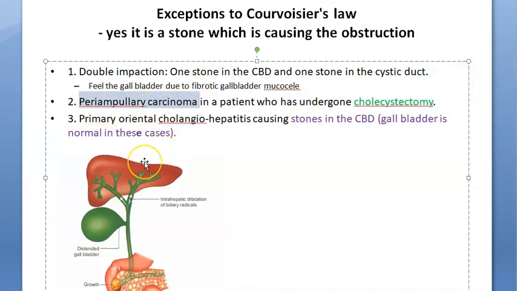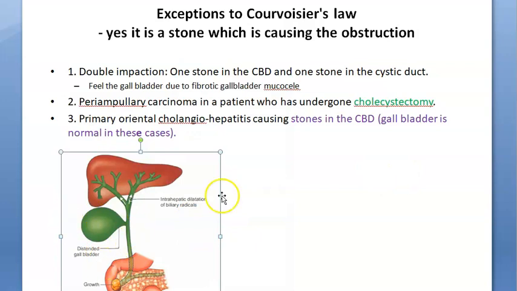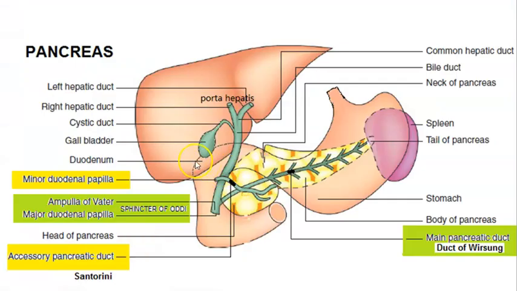So you would probably feel the carcinoma and you will think that it is the gallbladder? Because this one is not clear. It is not at all a stone, at least that's what it looks like, but there is a periampullary carcinoma, but you can palpate something, right? So you will think that it is the gallbladder. So this is an exception to the Courvoisier's law. Okay, so that's what it looks like at this moment.